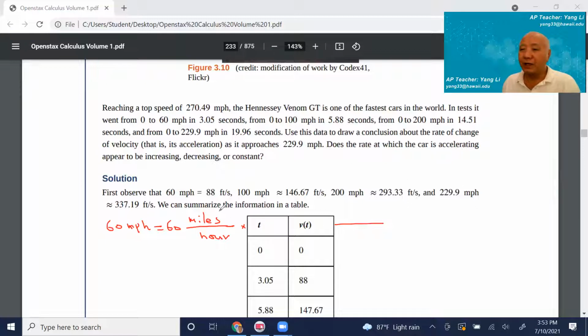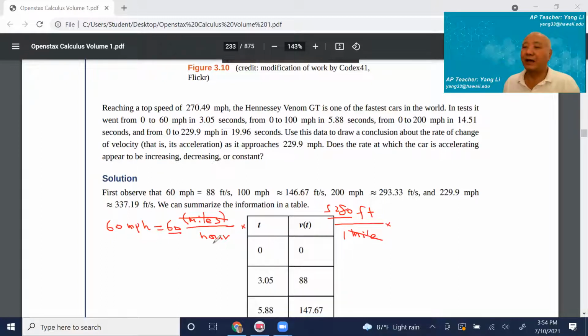Because I want to get rid of the miles, I put the miles at the bottom and the feet on the top. 1 mile is equivalent to how many feet? 5280. So the miles cancel, and 60 times 5280 feet gives you that many feet per hour.